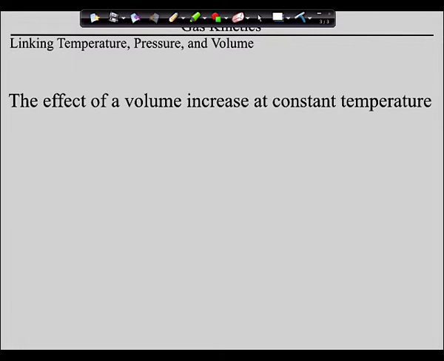And guys, you're learning this, right? To be successful on the AP test, it's not about knowing the answers. It's about being able to explain the reasoning. So we understand that if a gas gets bigger, the pressure goes down. That's Boyle's law. The question is why?